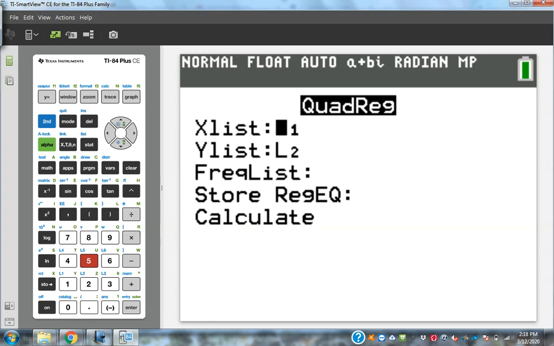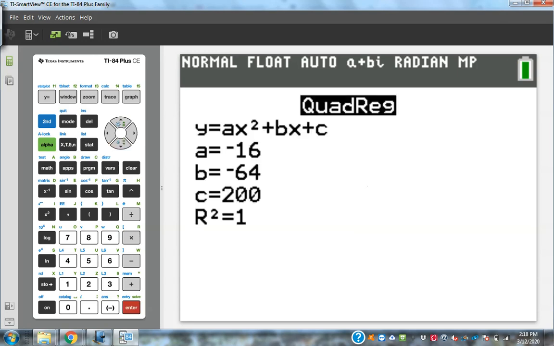Well, we put that in L1. What's your Y list? We put that in L2. Frequency list, this should be blank. If you have anything there, go down there and hit delete and clear it out. The store regression equation, that takes several button pushes to get it to do that. Make sure that's blank because you can just write it down. And then we're just going to tell it to calculate. And what it's going to create is a quadratic equation that fits that data.